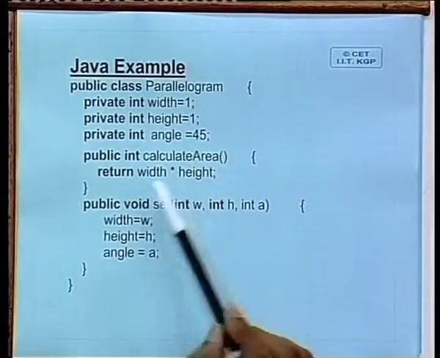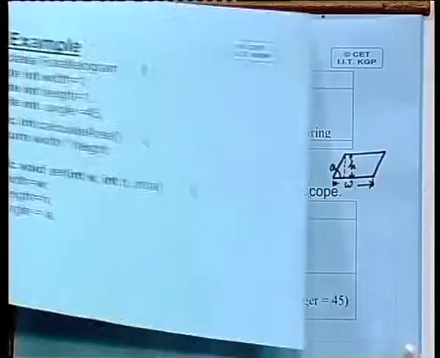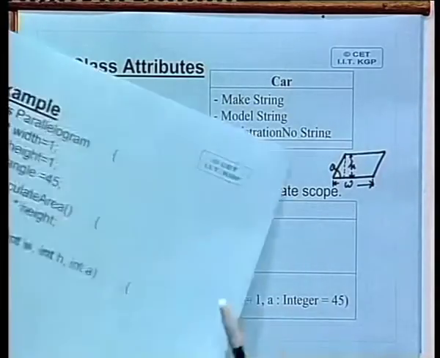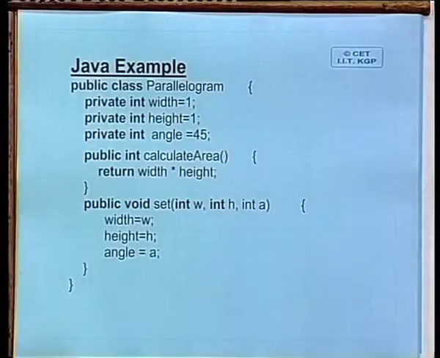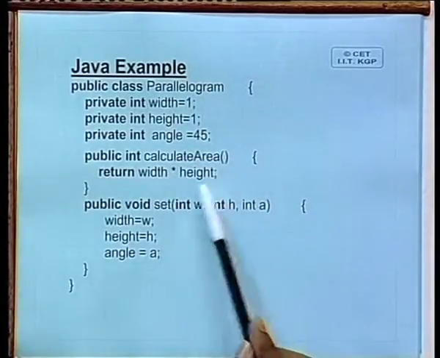See, we have tried to put the operations as public. Actually, when the operations are public, we show a plus sign here. This plus means these operations have a public scope.